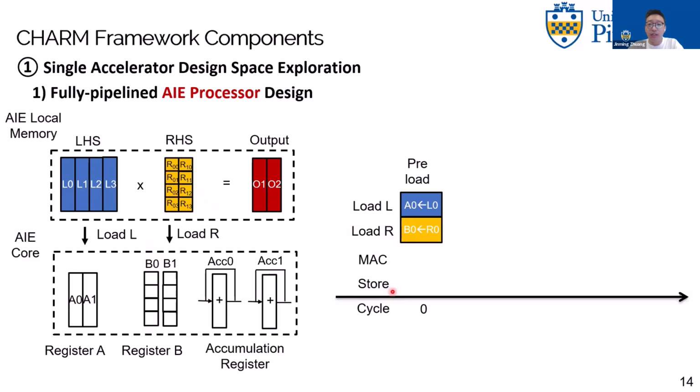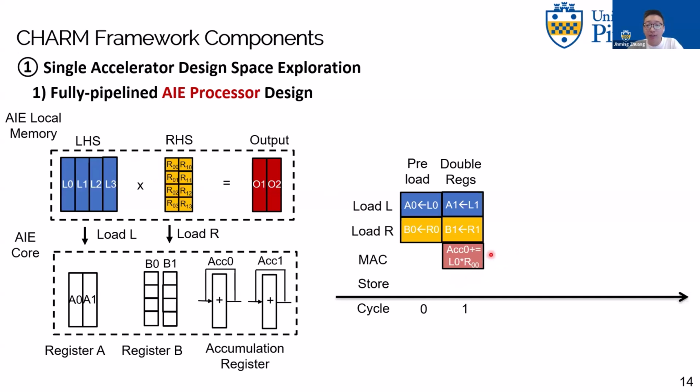And so that's in the cycle 1, while loading another vector of data, that is L1 to the A1 and R1 to the B1, we can also do a vector MAC operation on the preloaded data in cycle 0, which is the L0, the column of the left-hand side matrix times 1 element of the right-hand side matrix.